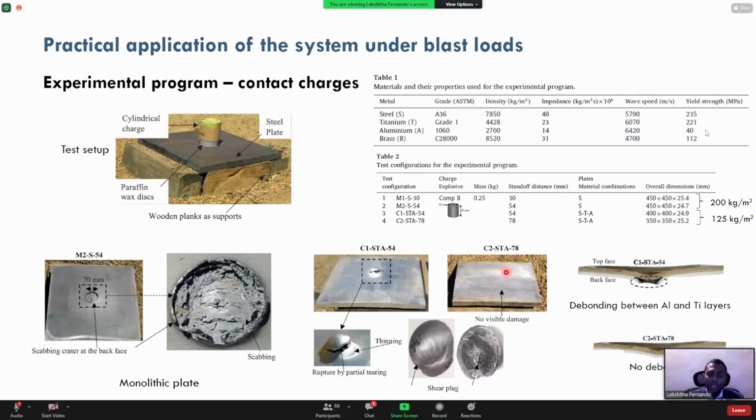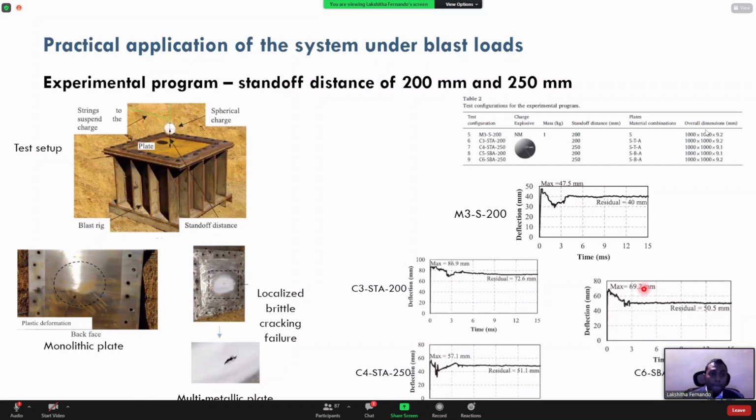It has deformed. Obviously, it deforms. This is where the ductility comes into play. You can see that there's significant deformation. You cannot avoid that, but it does not fail. Now, when it fails, generally when it deals with blast load, it's when the structures fail that we start to get worried.